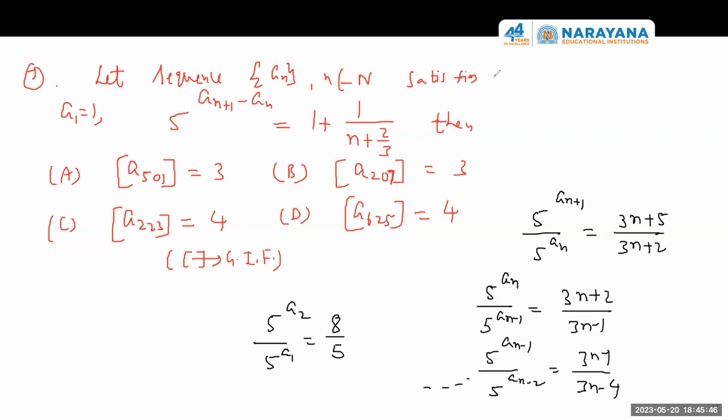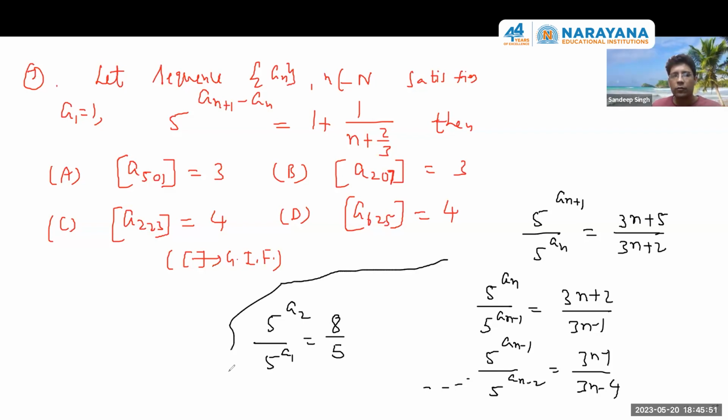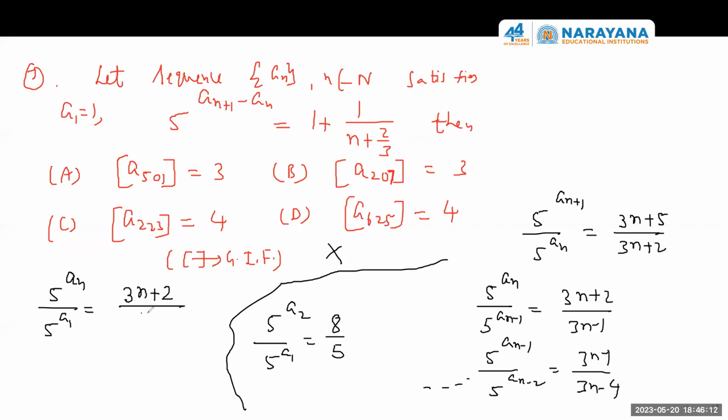So if you multiply all these equations, the first term 5 power an will remain, and finally 5 power a1 will remain. Rest all will get cancelled. What will be left? 3n plus 2 divided by 5.